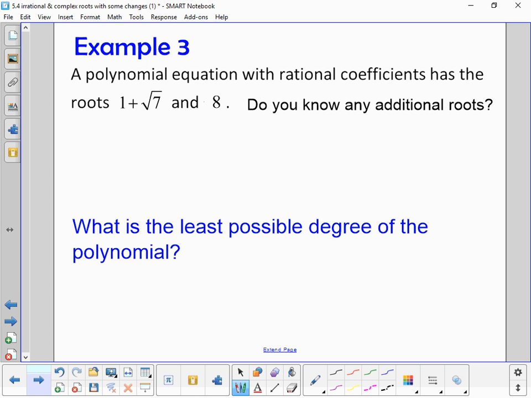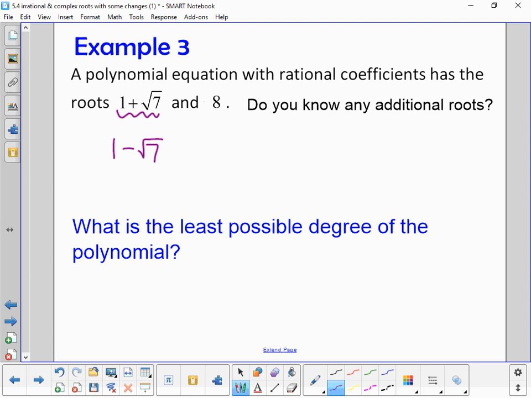One more example, a polynomial equation with rational coefficients has the roots 1 plus root 7 and 8. Do you know any additional roots? Well, this is an irrational root, so it definitely has a pair to go with it, a conjugate pair. And so we would have the root 1 minus root 7. However, the number 8 is not an irrational number, so it does not have a partner, so to speak.